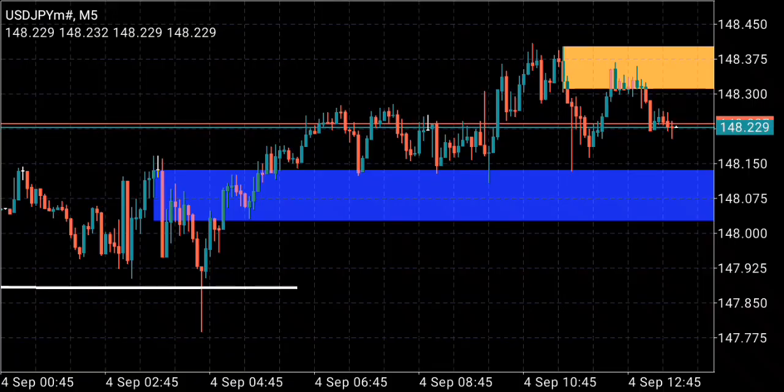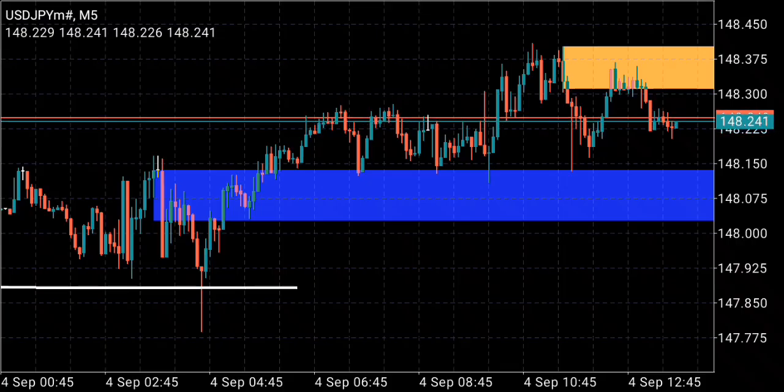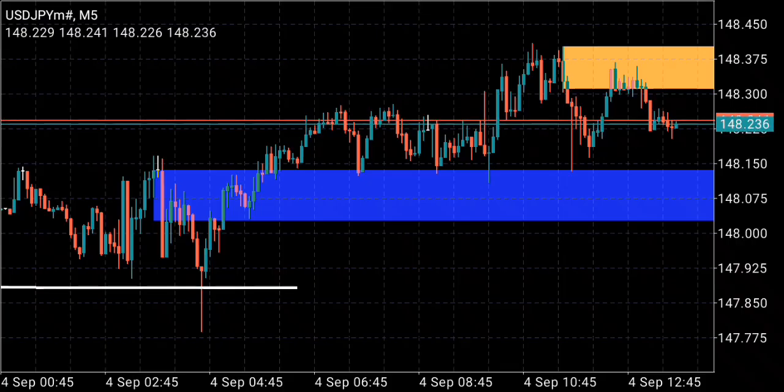Then I have an orange shaded area, meaning that orange shaded area is going to act as some kind of inversion.